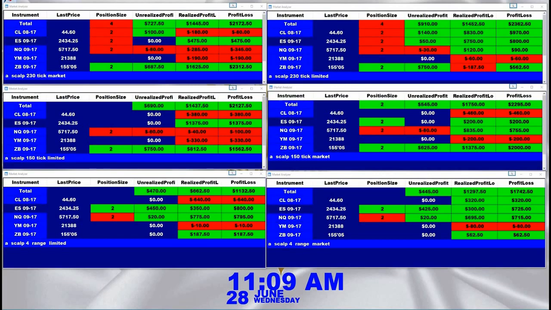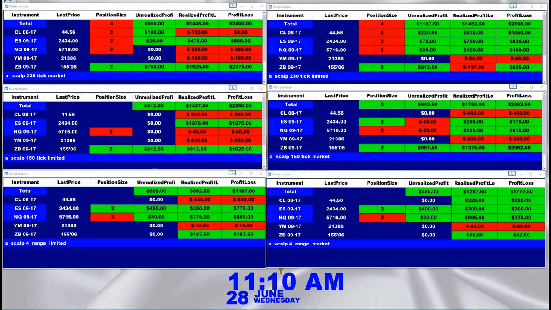What I'm trying to show is that you can do the market order, or you can do the limited order. I strongly advise, if you are conservative, I would take a limited order.